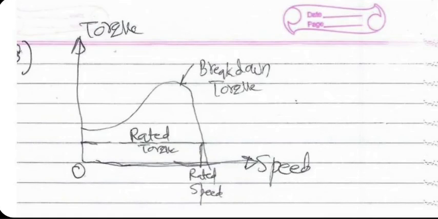So slightly lower than this optimum will be the best point of operation. In fact, they are showing you a rectangle here, which is even much safer than the maximum value. Rated torque is much lower than the breakdown torque. We are playing safe. We don't want to destroy the motor.